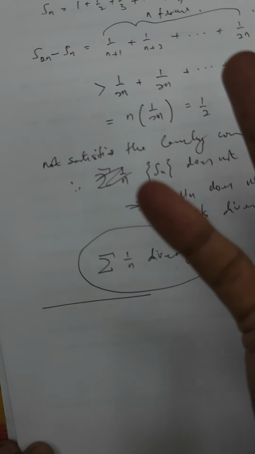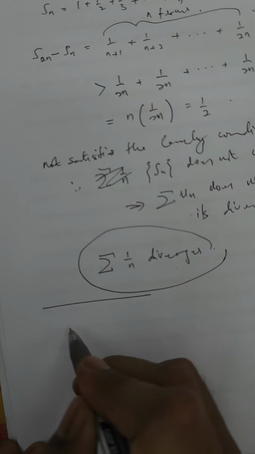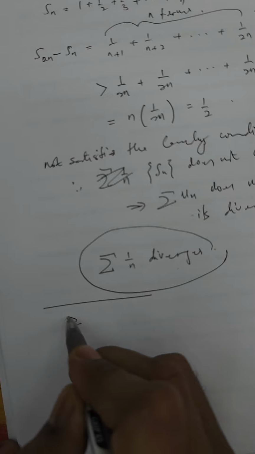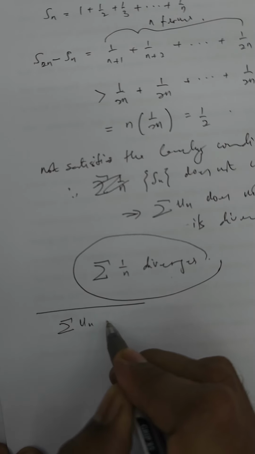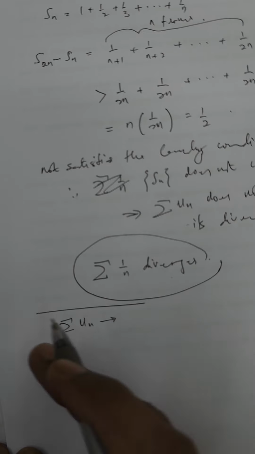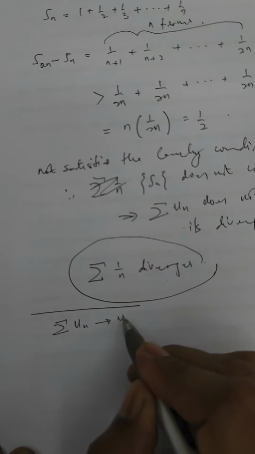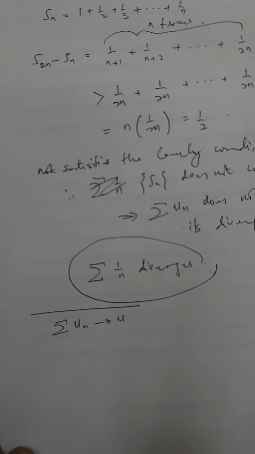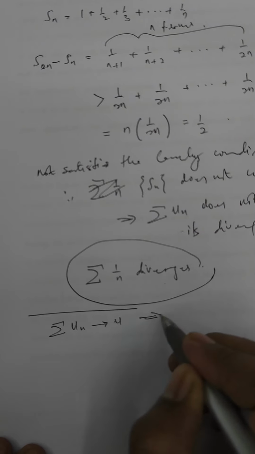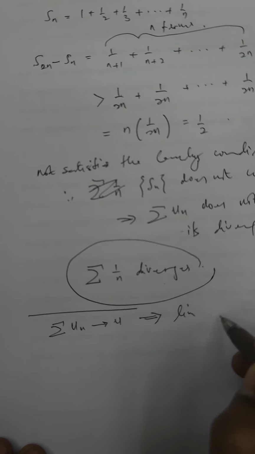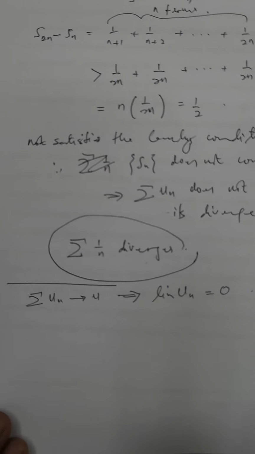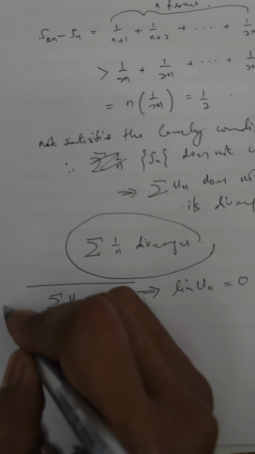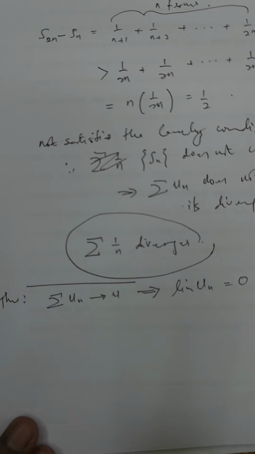Now, out of that theorem, if the series converges, let's say to some number u, then the limit of un is 0. This is the theorem we have discussed just now.